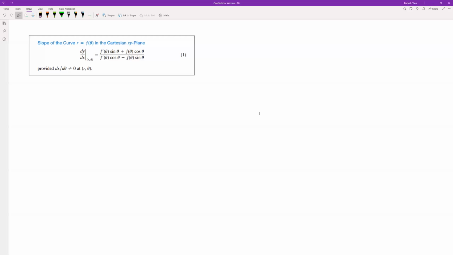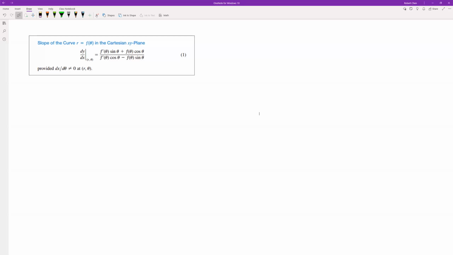Next, to find the slope of the curve r equals f of theta, which is in the form of a polar equation, it's not as easy as just taking the derivative of r with respect to theta. We have to use this formula, because the slope of a tangent line is in Cartesian, not in polar.